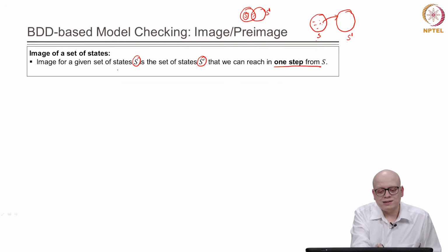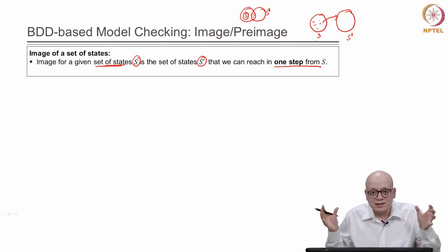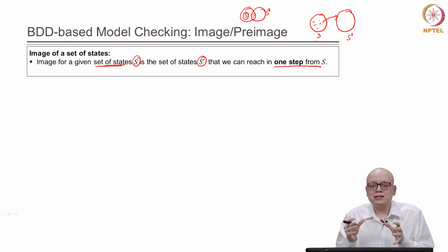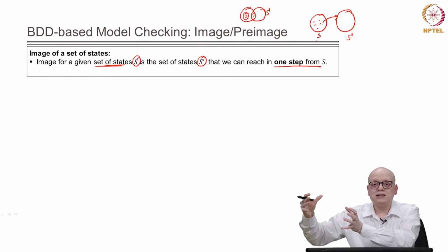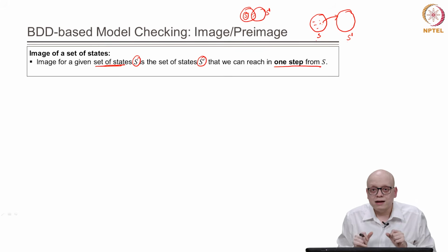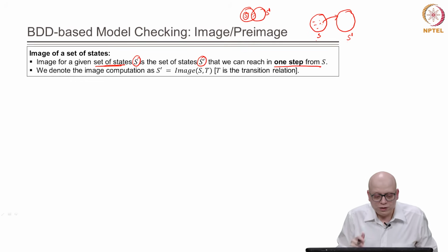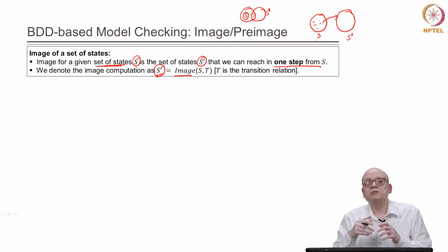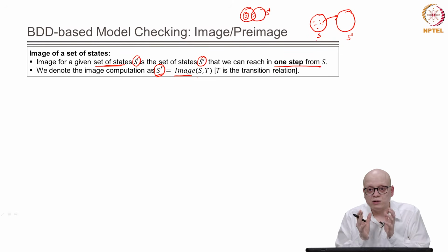So, image of a given set of states S. Note that we are talking about a set of states, not one state. Given a set of states, in one transition, the set of states that can be reached are known as the image of the given set. We denote the image computation as S dash is equal to image S comma T, which will be the set of states reached in one step from a given set of states.